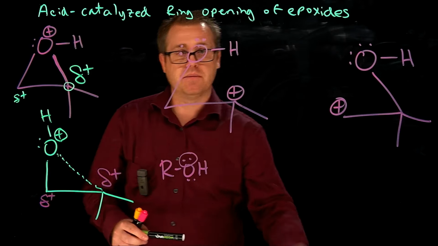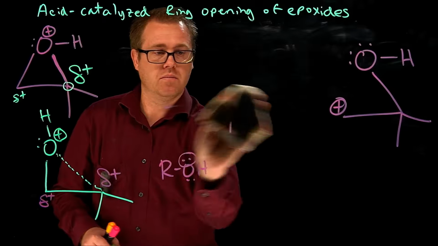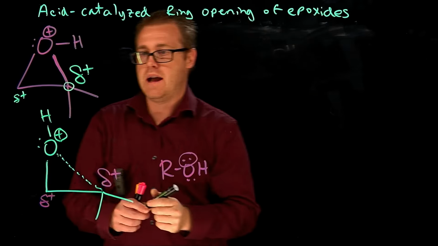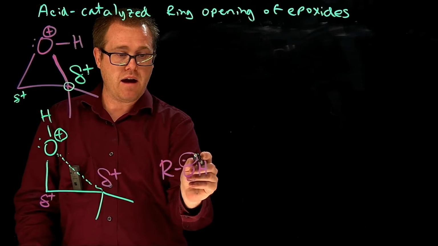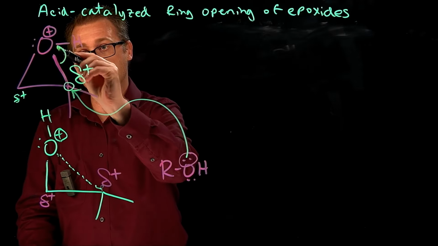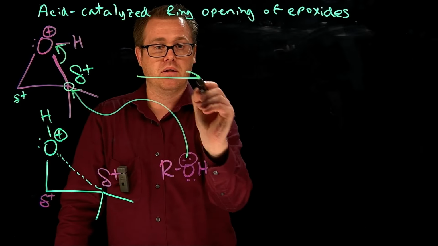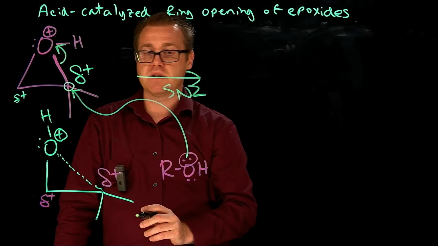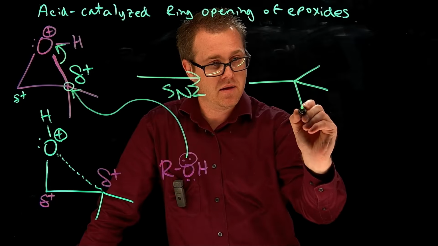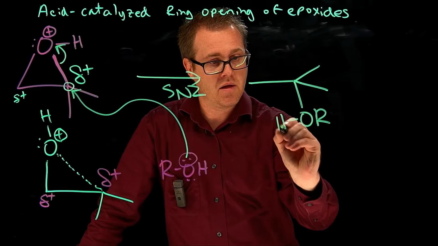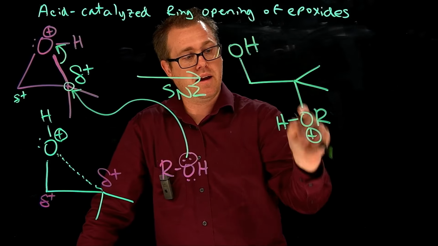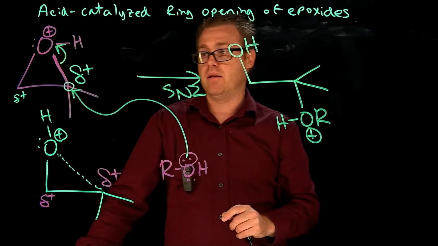So this alcohol right here, which is a weak nucleophile, is going to come in SN2 style, backside attack, and generate our ether right here and our alcohol there.